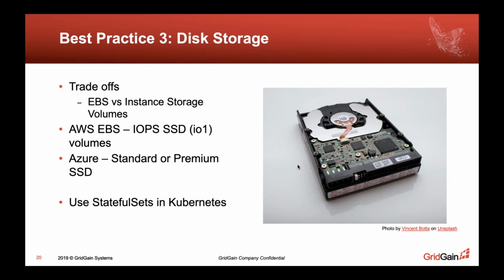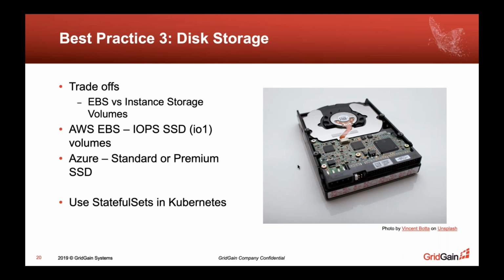There's another type of storage that you can consider, which is the instance storage volume. In your EC2 instance, you have an attached storage to that EC2. One thing to think about is that instance storage volumes have a risk of data loss. If you have data that's being stored locally in your instance storage volume attached to your EC2 instance, and you reboot that EC2 instance, the data does get preserved and it comes back.